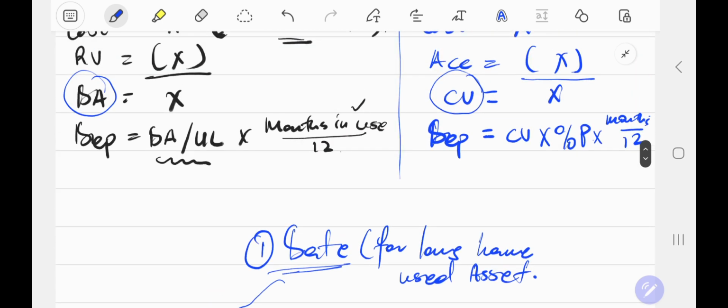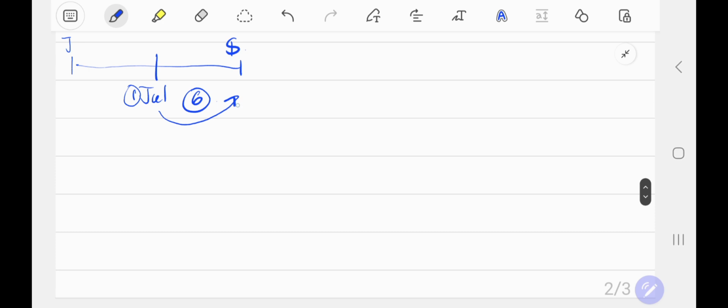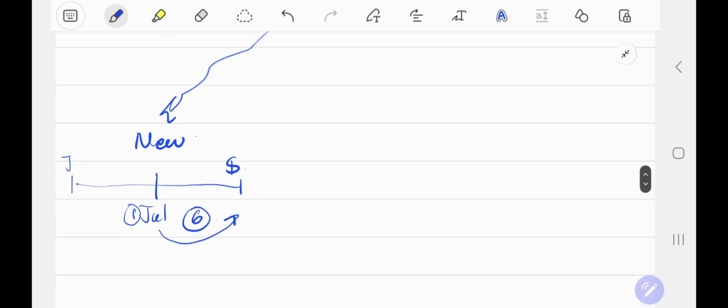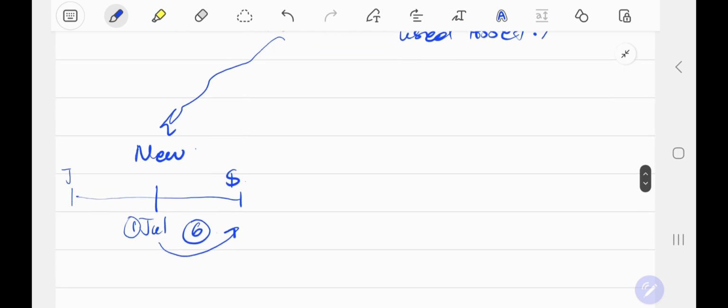So when you work out the months in use, you'll say 6 over 12. You'll say depreciable amount over useful life, which will be given, let's say it's 4 years, and then you multiply by 6 over 12. Why? Because you've only used this asset for 6 months. Remember, dates tell you for how long you have used the asset.